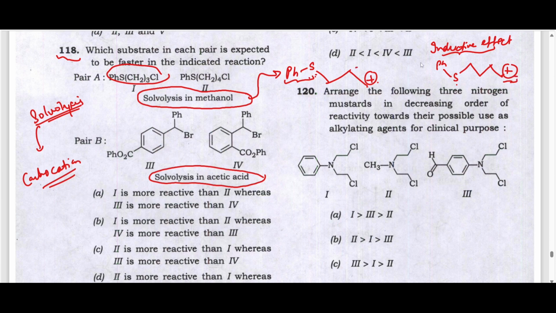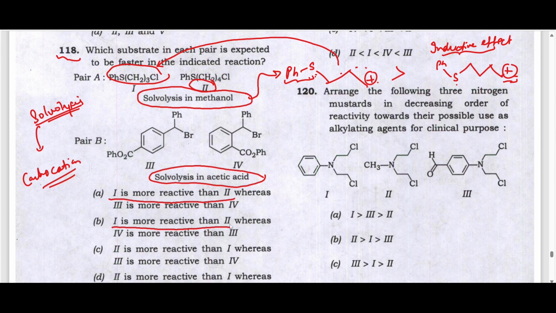Okay, so if we consider stabilization in these cases, this carbocation is more stable as compared to this carbocation. So its corresponding substrate, this, is more reactive as compared to the second. So the first substrate is more reactive as compared to the second in solvolysis in methanol. Okay.